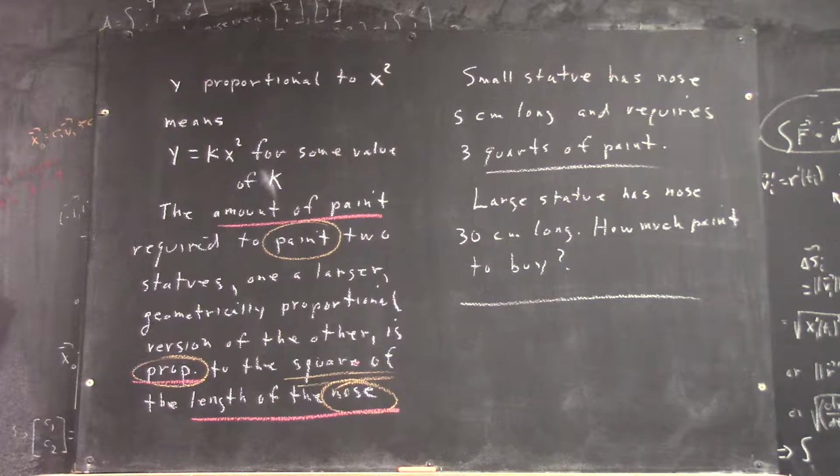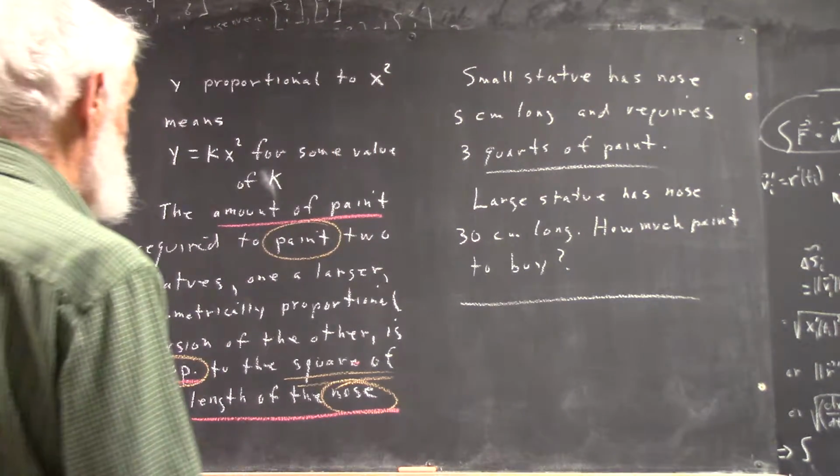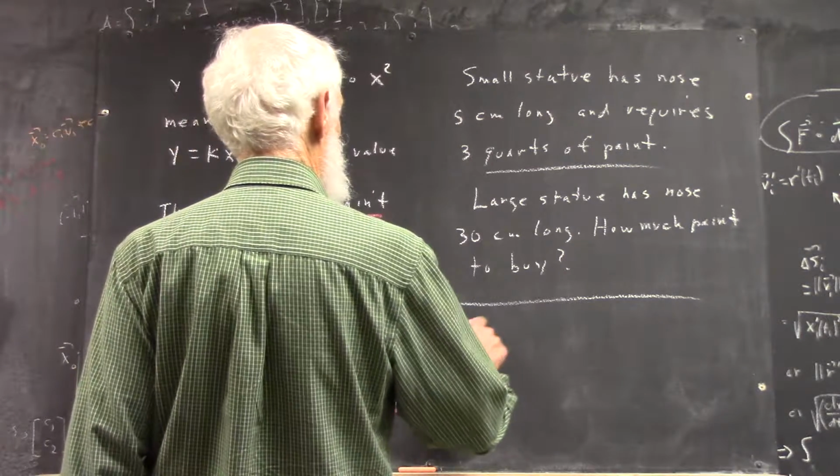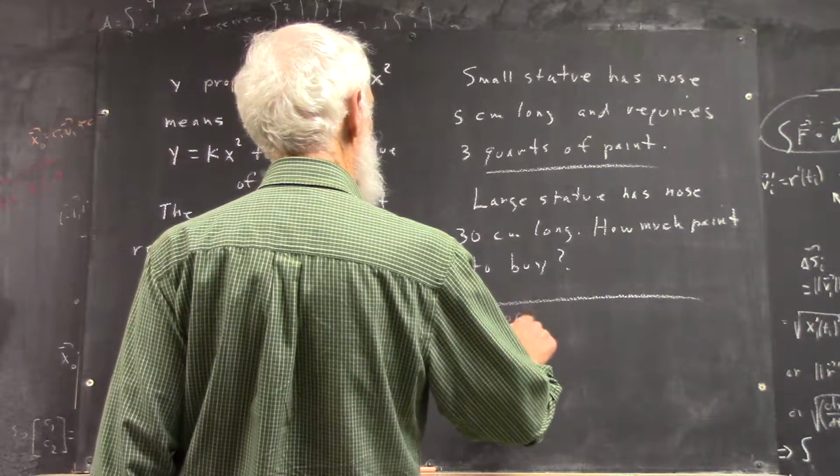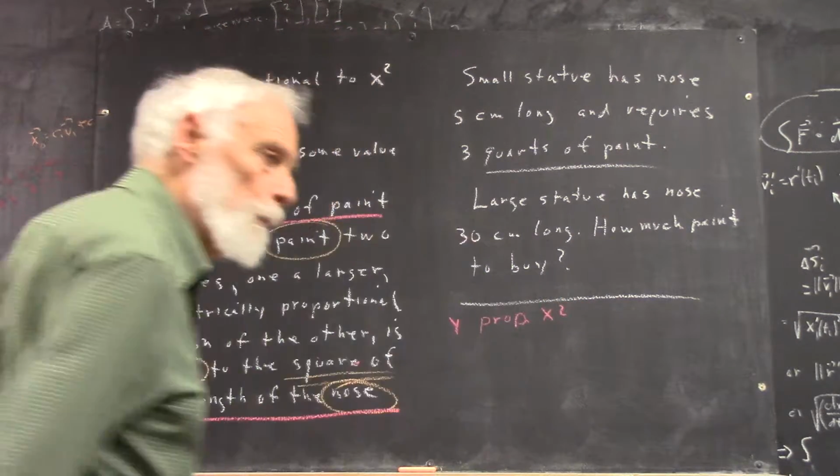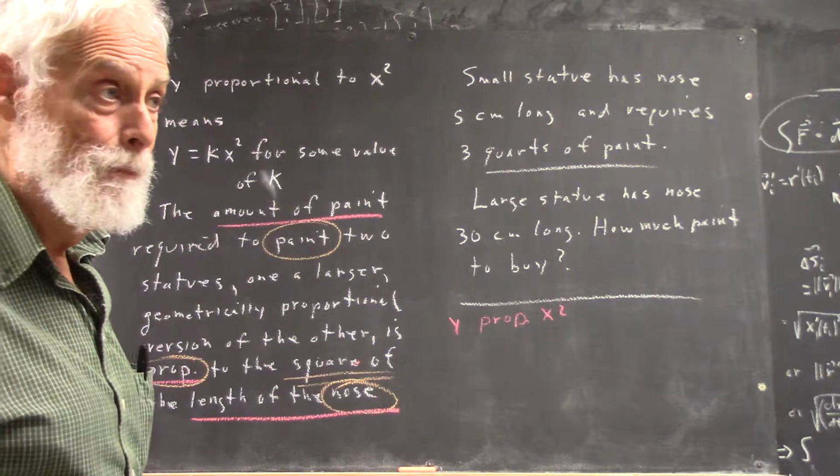Well, now we can identify what to use for X and what to use for Y. What is X? Well, Y is proportional to X squared, right?